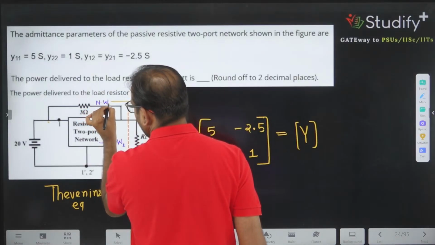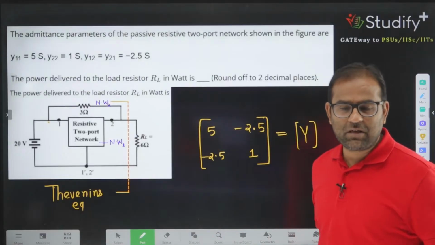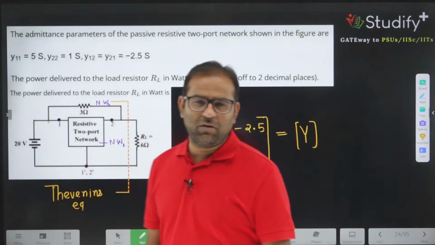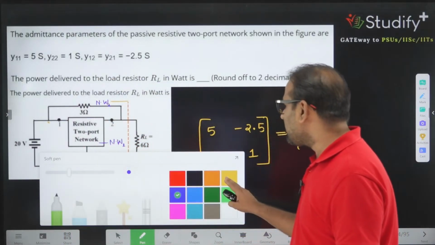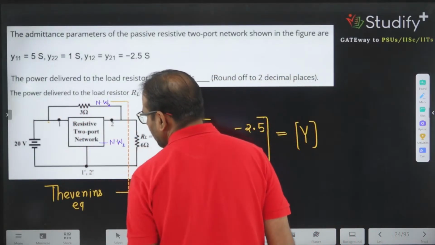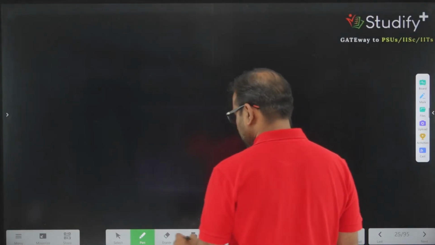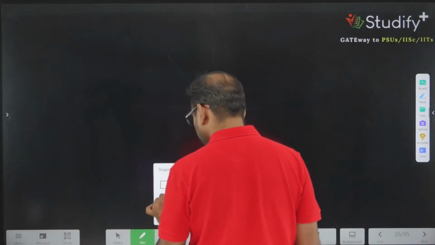So what is the first job? The first job is to find the equivalent Y parameter. Once we know the equivalent Y parameter, we can calculate whatever they are asking, maximum power or anything. So I can convert this whole portion, these 2 networks, into a single network, like this.